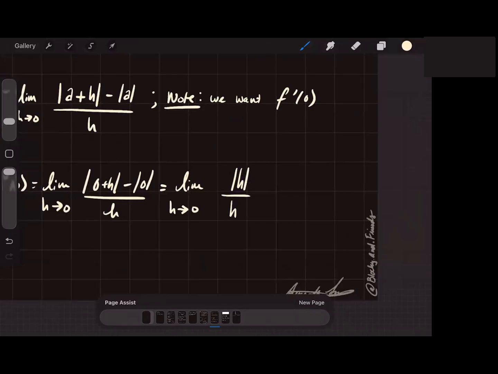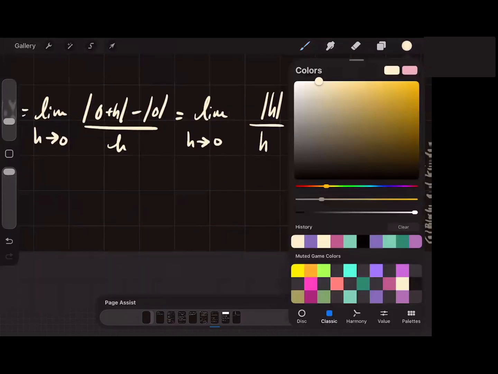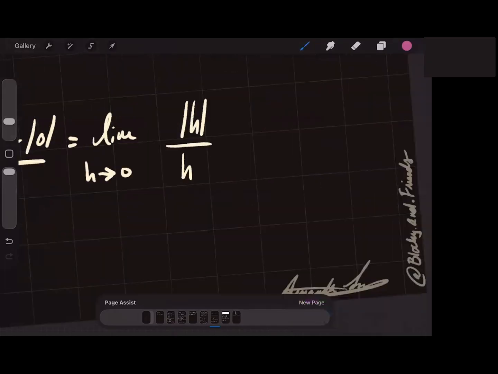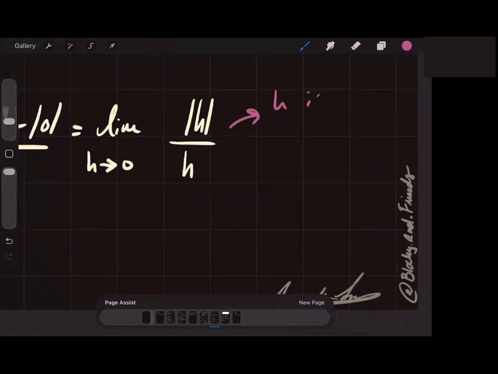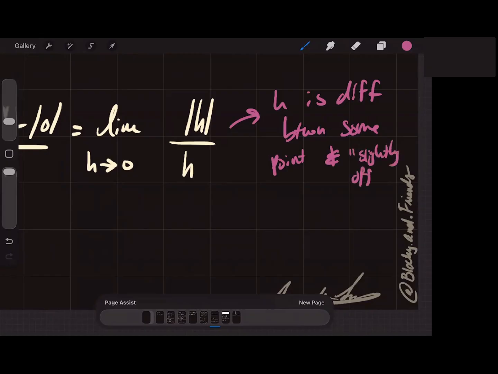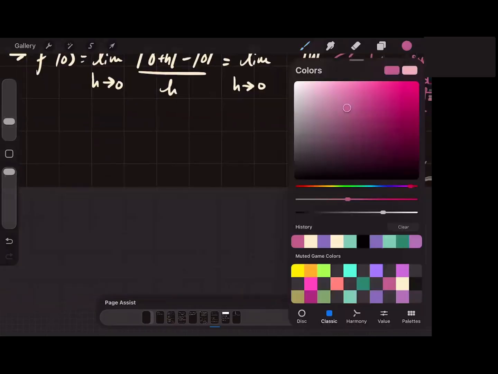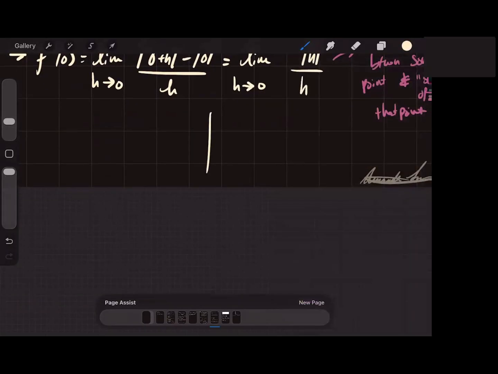But here's the problem, right? We describe h as the difference between some point and slightly off that point. Visually, they call this an open neighborhood.